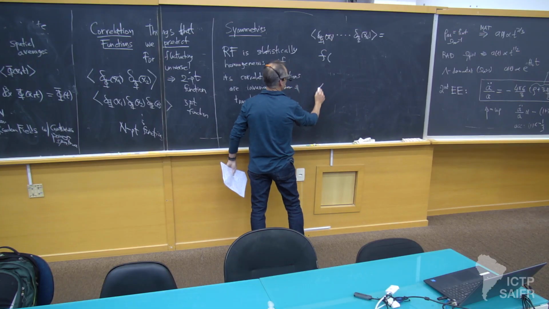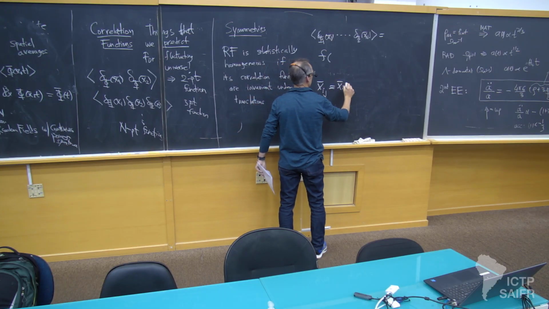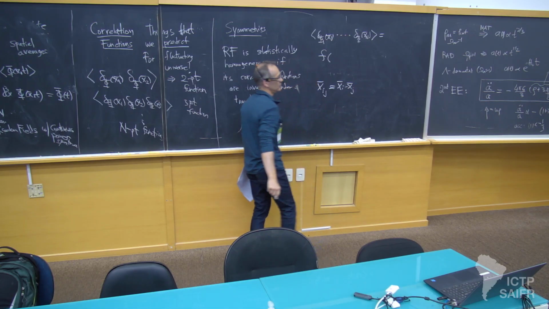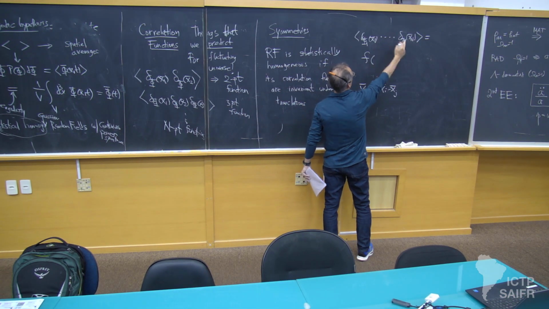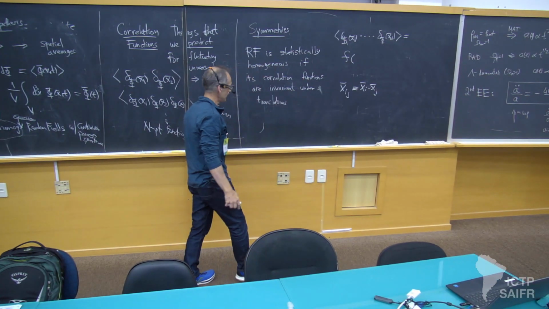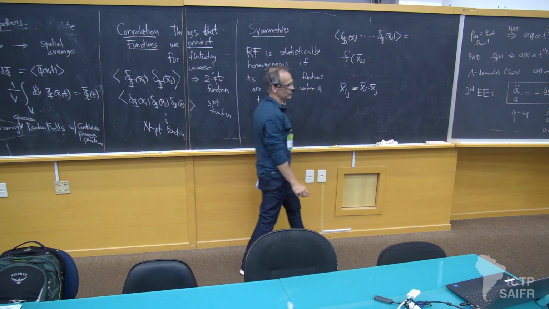So let me define xij to be xi minus xj. So this is not a function of x1 alone, x2 alone, and xn alone. If it's statistically translation invariant, it depends on the relative coordinate from 2 to 1.